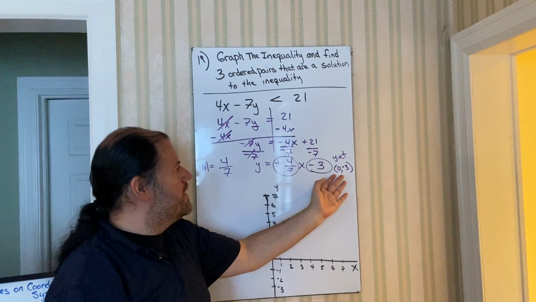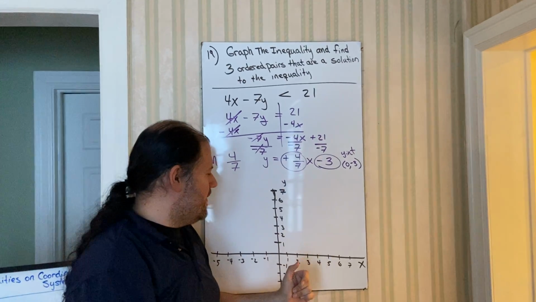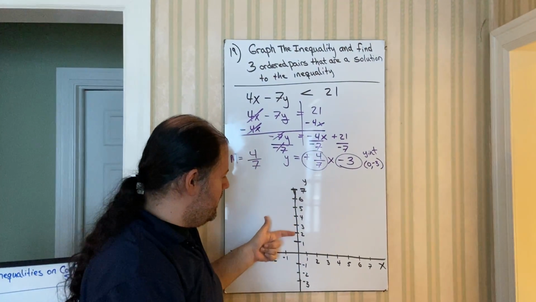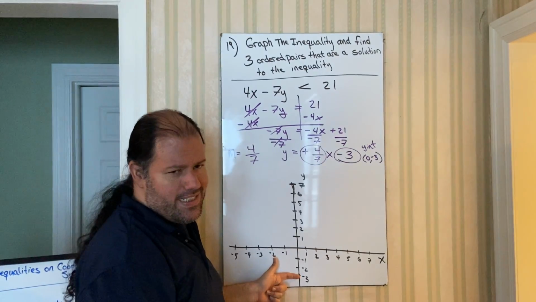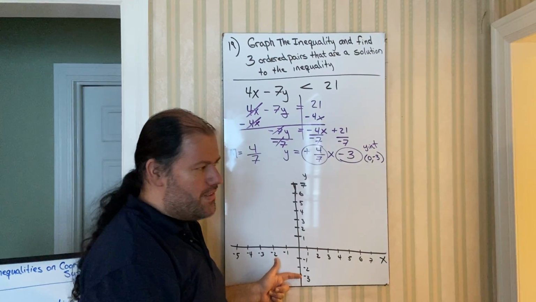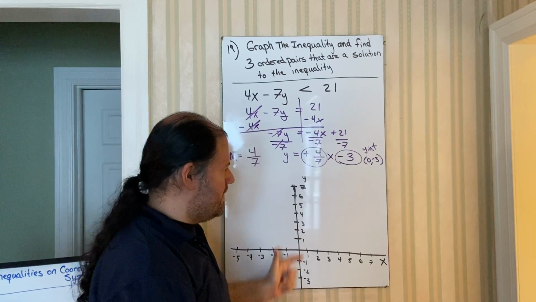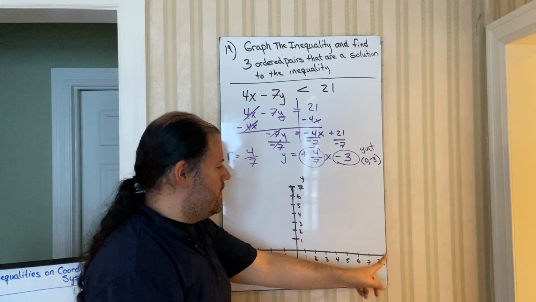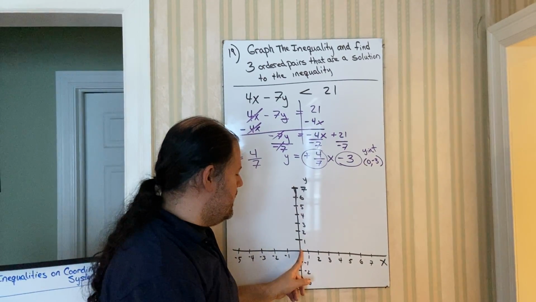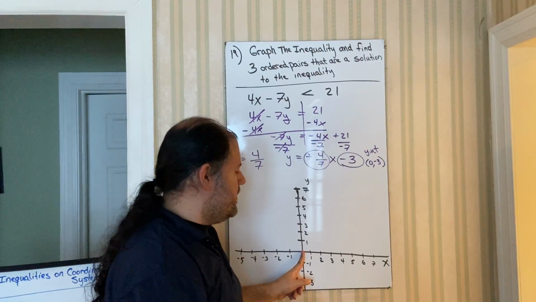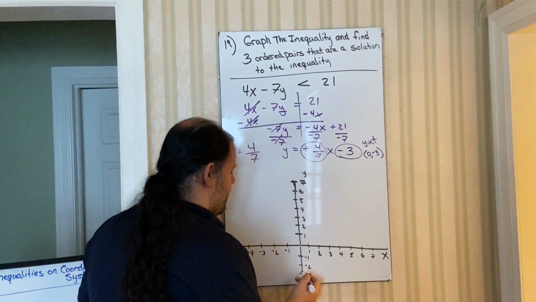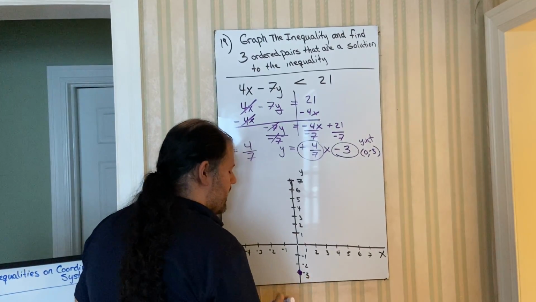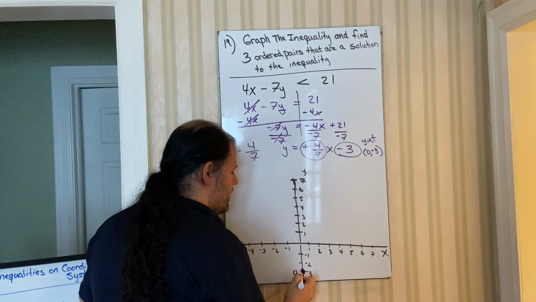So find 0, negative 3. Boom. Why is it down here? Because I told you, it has to be on the y-axis. If you find x is 0, you know 0 is right here. And then since it's a negative 3, go down 3 units. 1, 2, 3. Okay, so that's the 0, negative 3 that we just found.